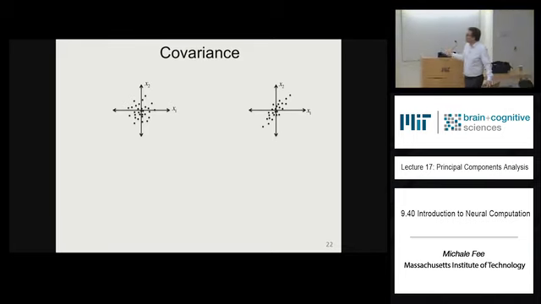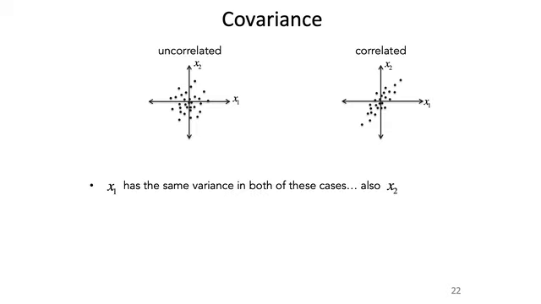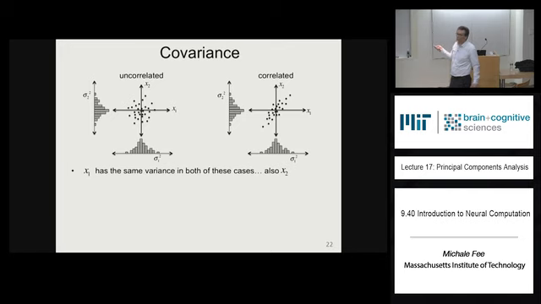The observations of x1 and x2 are correlated with each other, so that if x1 is big, x2 also tends to be big. In these two cases, x1 can have the same variance, x2 can have the same variance, but there's clearly something different here.